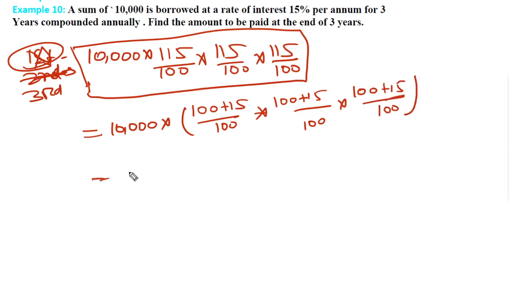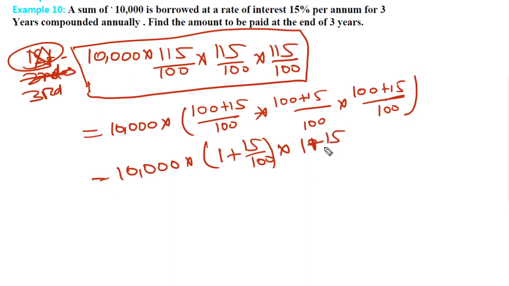So it will be equal to 10,000 into 100 by 100 plus 15 by 100. Okay, so 100 by 100 will be 1 plus 15 by 100, into 1 plus 15 by 100. Now you can give a bracket here.